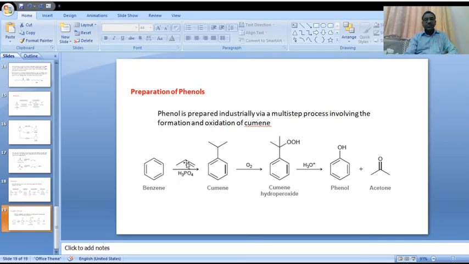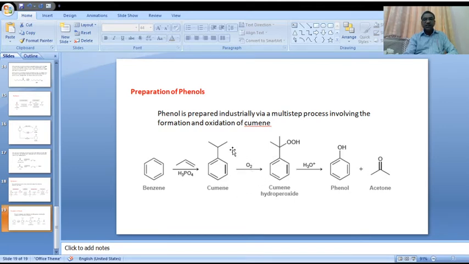The propylene chain gets attached to the benzene ring and it is converted into cumene. Cumene, is it clear?